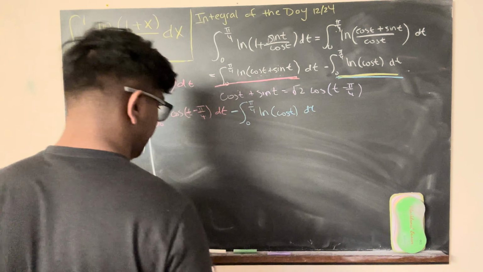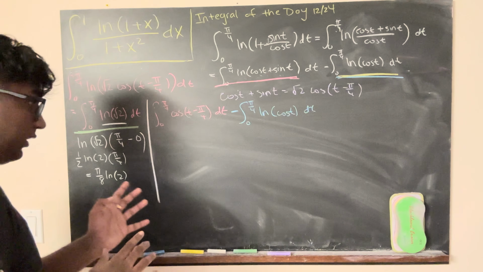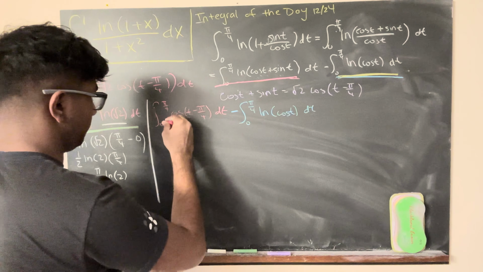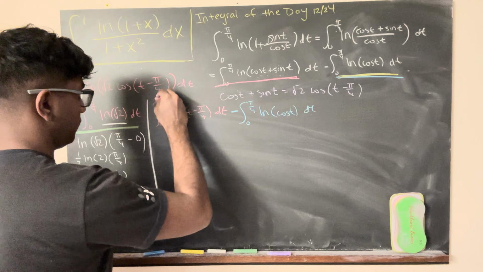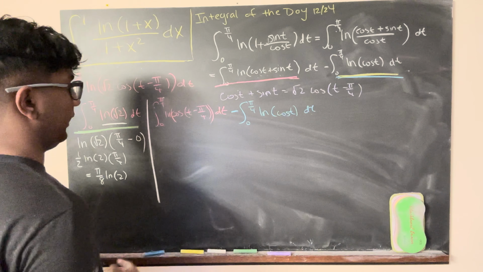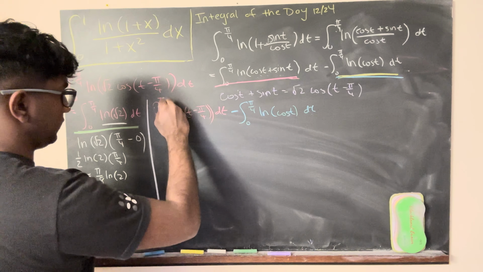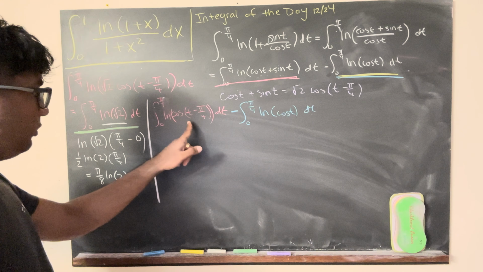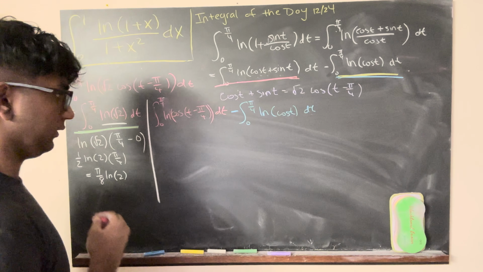And we note that these two integrals look very, very similar. They're the same bounds. They both have an ln of a cosine term, and this one is just phase shifted pi over 4 to the right.